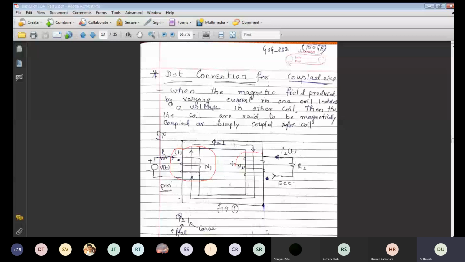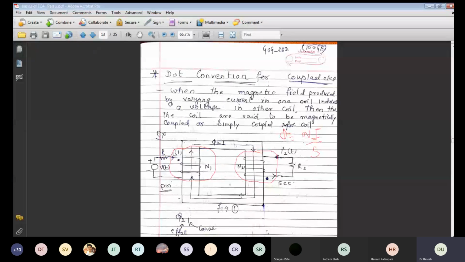That means whenever current passes through this winding, EMF is induced. We already discussed last time that flux is equal to N into I divided by reluctance, where N into I is the MMF. Suppose here is N1 and here is N2, so N1 and I1 divided by the reluctance of the magnetic circuit gives the flux.